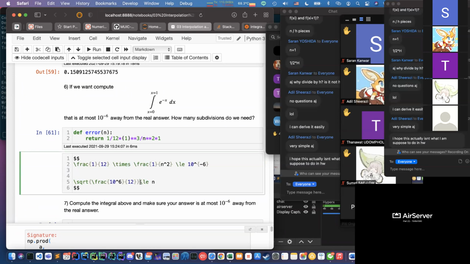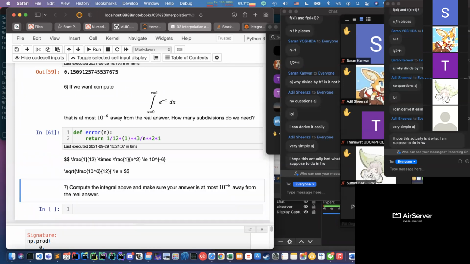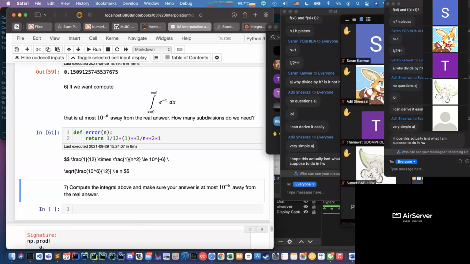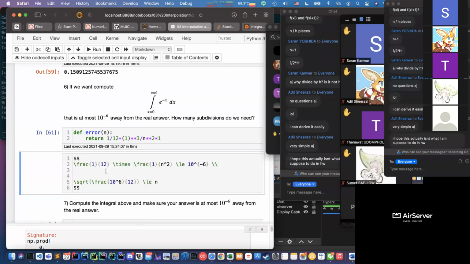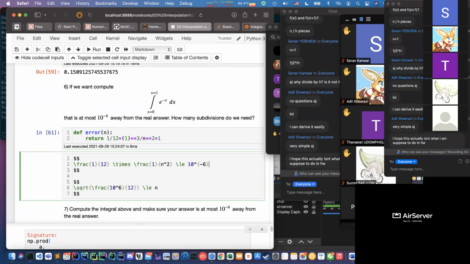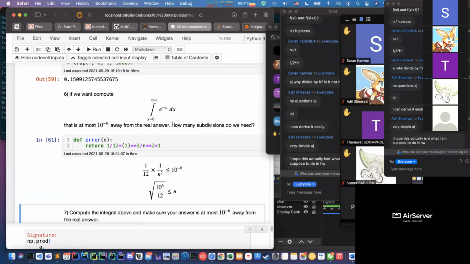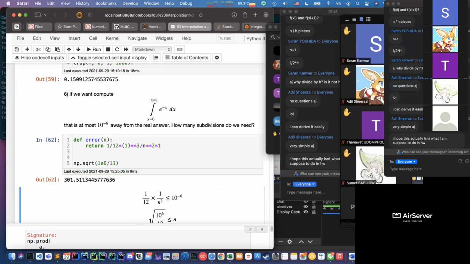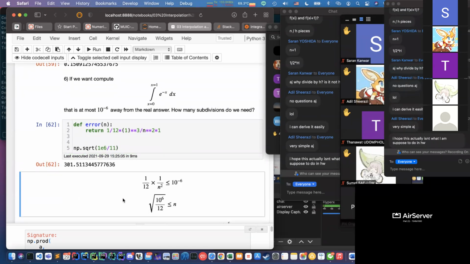Oh, because you need this. Maybe you need this, whatever the number is. So it's going to become np.sqrt of 1e6 divided by 12, which is about 300 pieces.